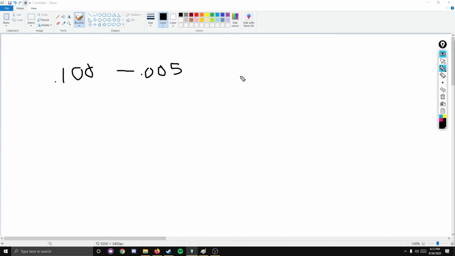In this situation, again, I'll start off by just subtracting normally. 0.100 minus 0.005 will give me 0.095.